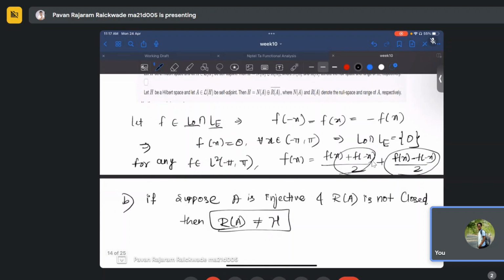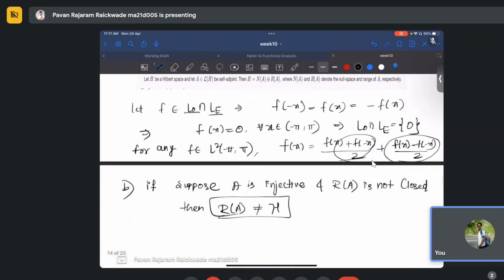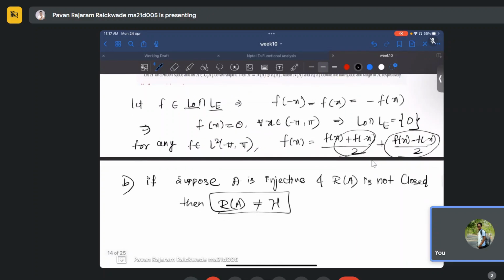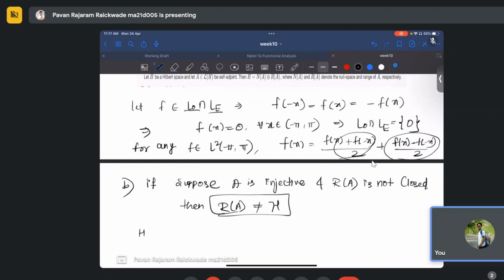What the third says is: H is a Hilbert space, A belongs to L(H) self-adjoint, then we can write the Hilbert space as the direct sum decomposition of the null space and the range space. Okay, because first of all, we can always write H as the null space of A direct sum null space of A perp. But what we know is the null space of A perp is the closure of the range space of A star.